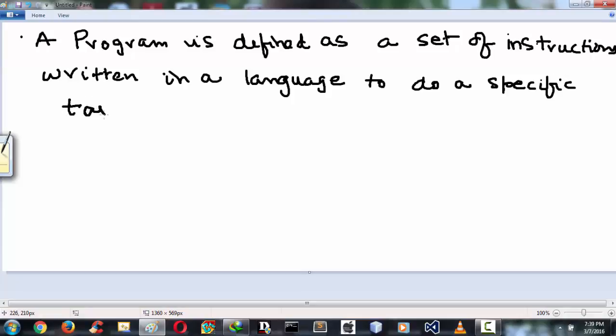So this is the very basic definition of a program. Why do we need a program? You might wonder why in the world we need to write programs.